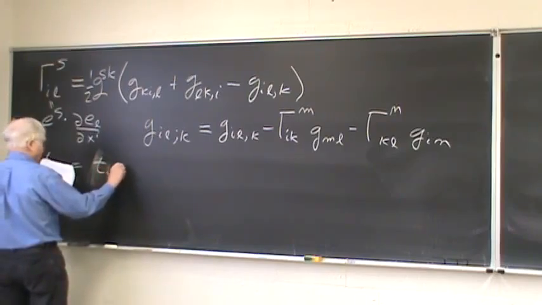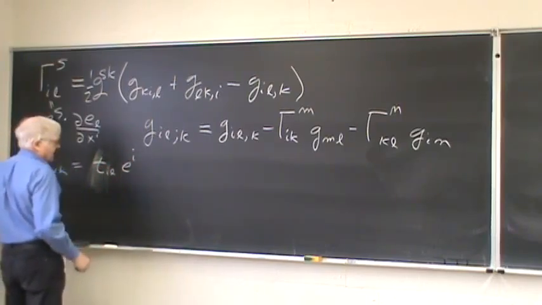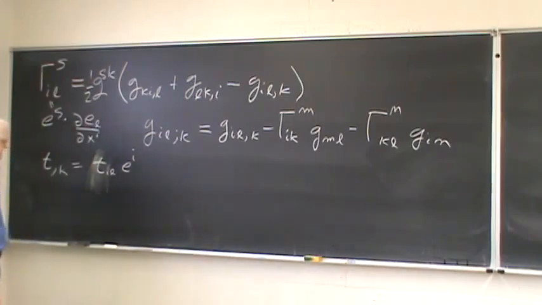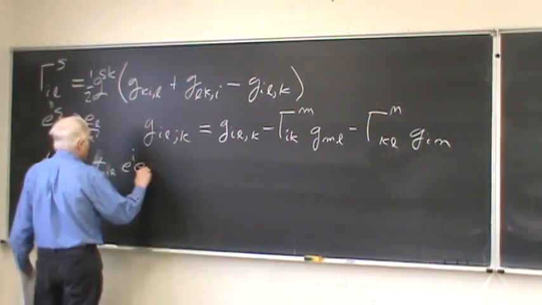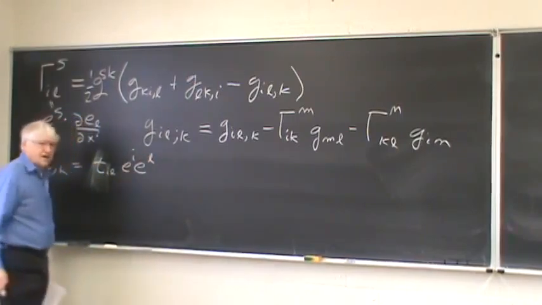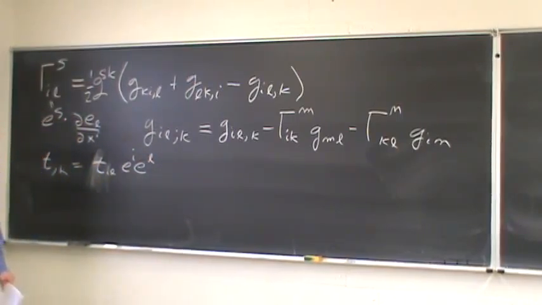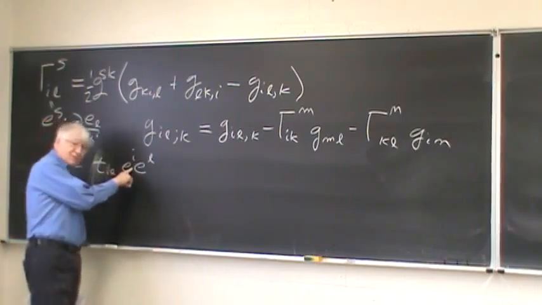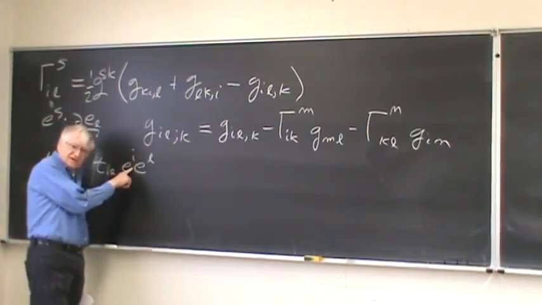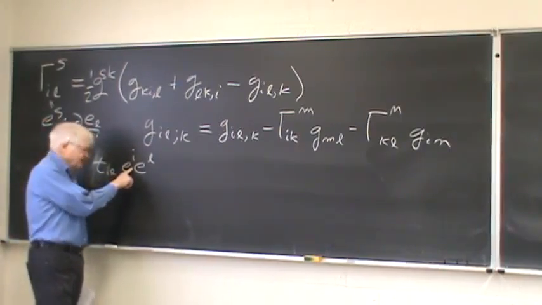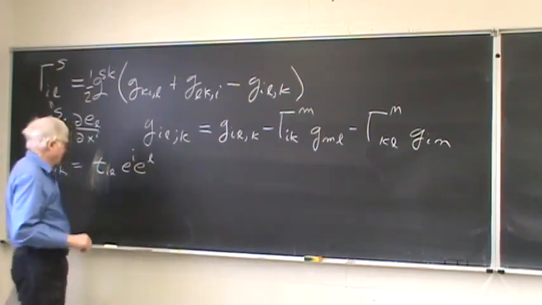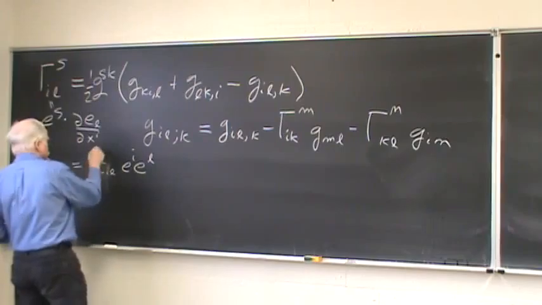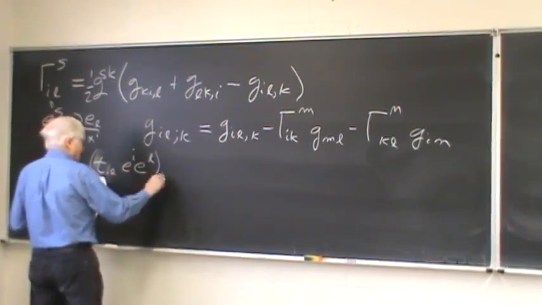T_{il} e^i e^l. I'll just write them like this, e^i e^l. So this is sort of like a tensor product of two vectors, but I'm going to leave out the x with the circle. And it's this whole thing, comma k.